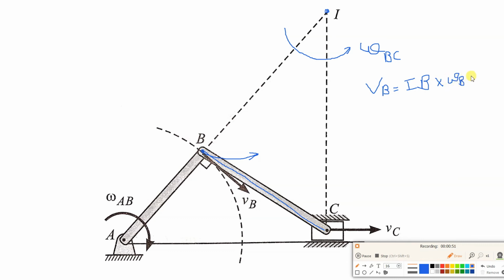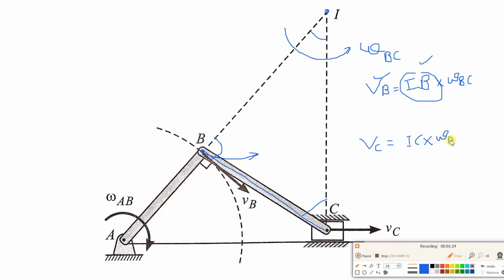Okay, now the velocity is given, suppose, and we can calculate IB using the sine rule. Suppose you have all the angles in this triangle IBC, so we can calculate IB as well. So from here we can calculate omega BC. Now omega BC is known, we can calculate VC. How? VC is equal to R omega. What is R? IC into omega BC.